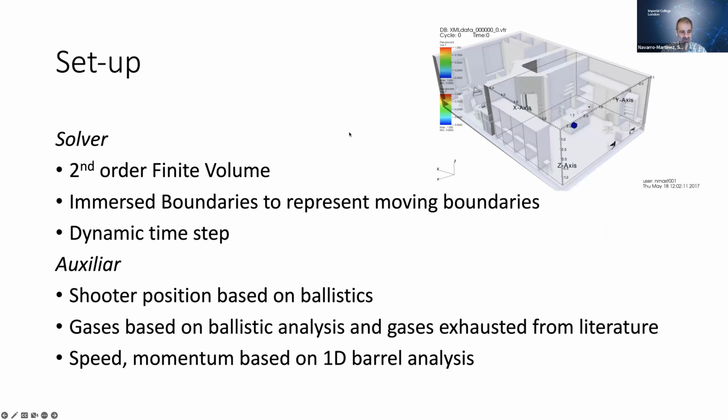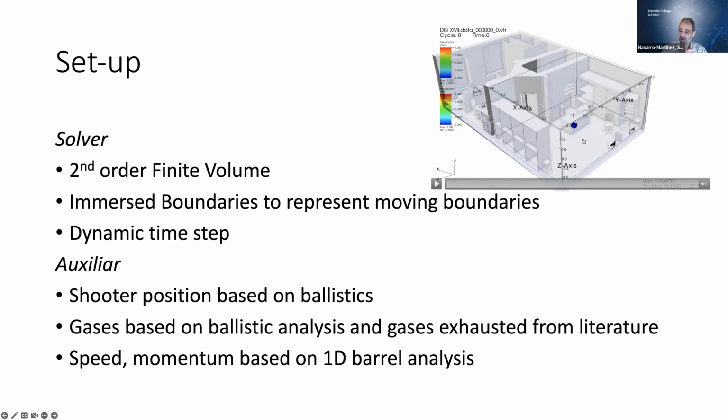This is all done in-house in a conventional second order finite volume. We use an immersed boundary to represent moving boundaries and moving geometries. Basically, we have a mesh, and all these objects were obtained by immersed boundaries. At one point we were using a hypothesis that the door was open.